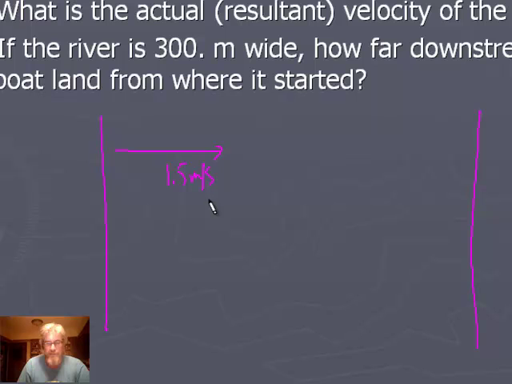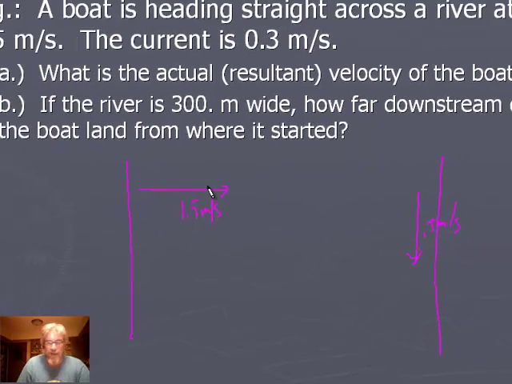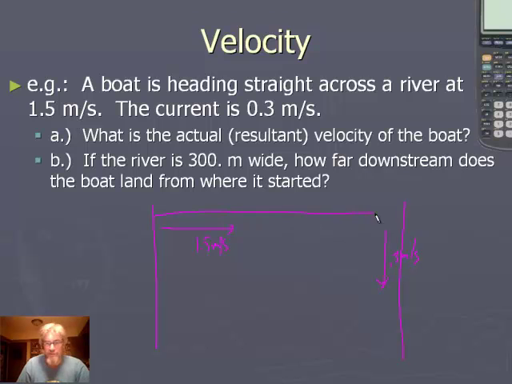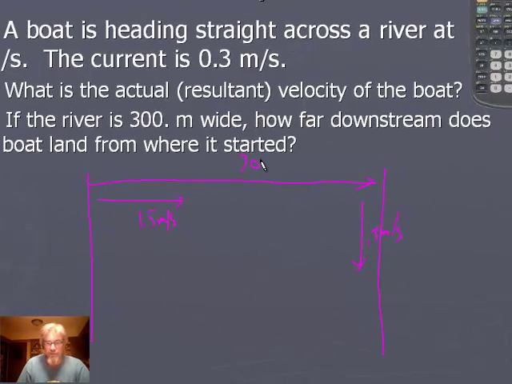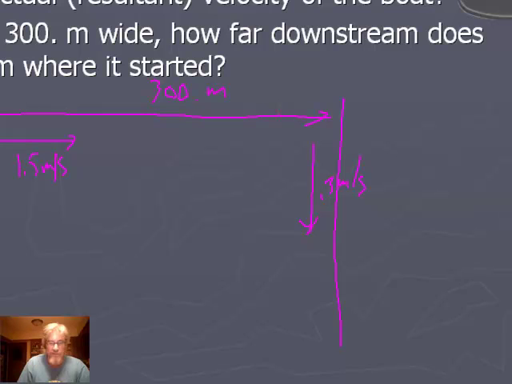That's its speed. The boat is being pushed down the river at 0.3 meters per second. I know how far it is across the river because it tells me. It says that it's 300 meters wide. So that's how far the boat is going to have to go in this direction. At the same time, it's being pushed down the river. How far? Well, I don't really know how far it's going.